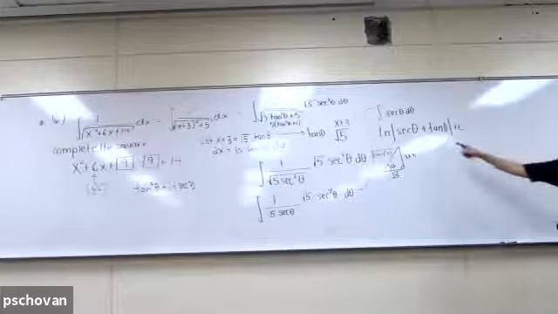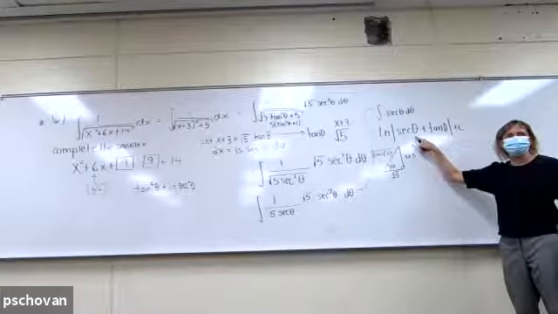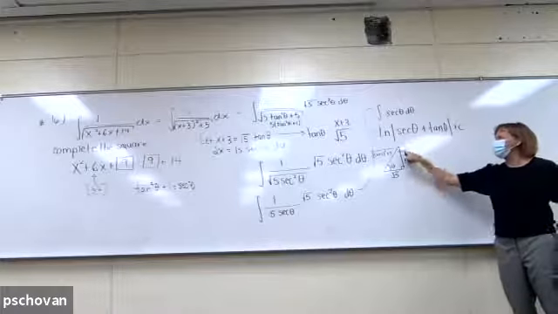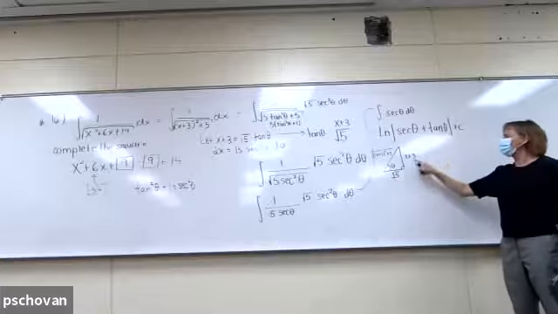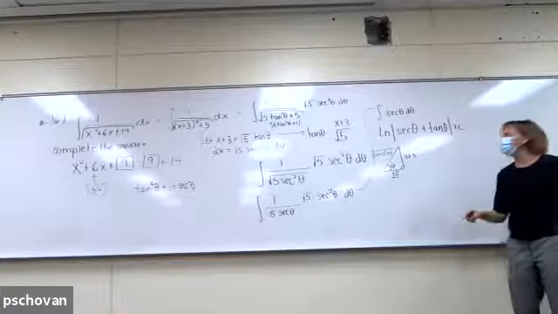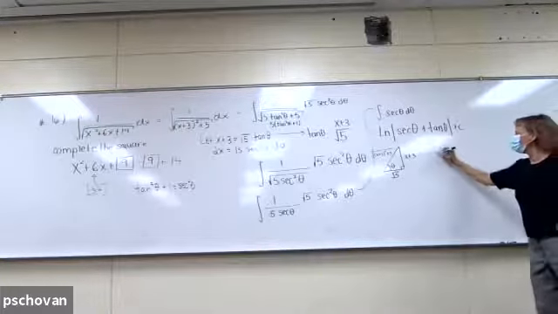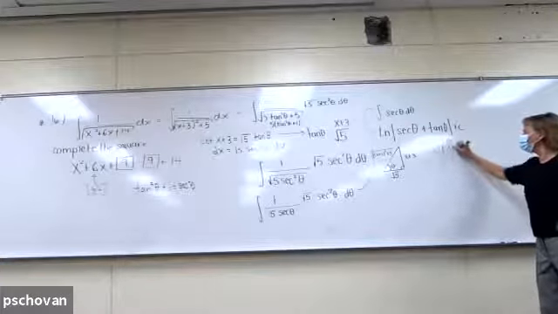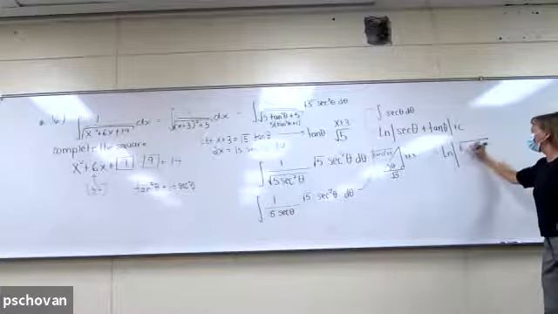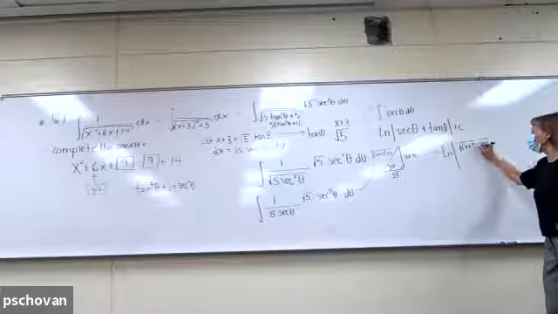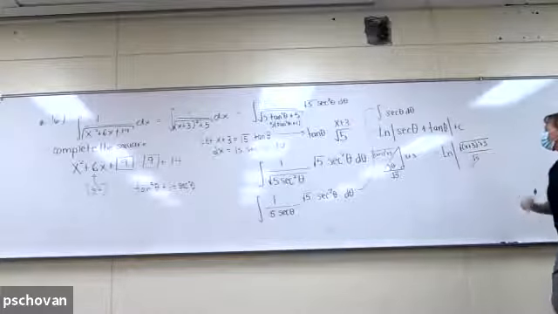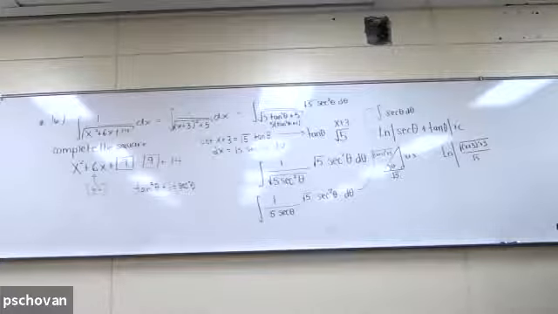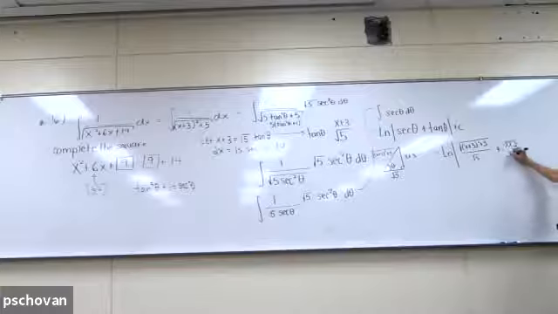The secant is the ratio of the hypotenuse to the adjacent. So I'm going to replace this with that long radical divided by square root of 5. Tangent of theta is x plus 3 over the square root of 5. And so we get as our final answer the square root of (x plus 3) squared plus 5, over square root of 5, plus x plus 3 over the square root of 5.